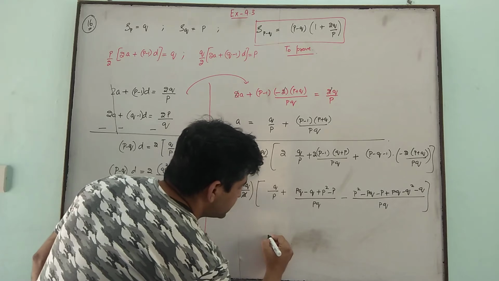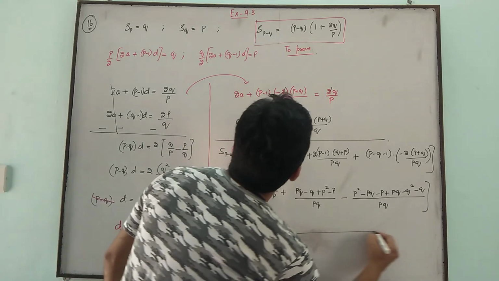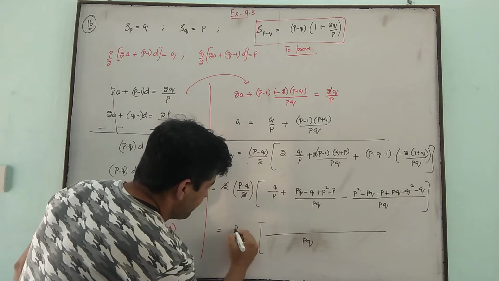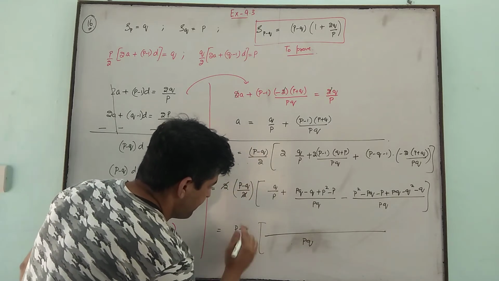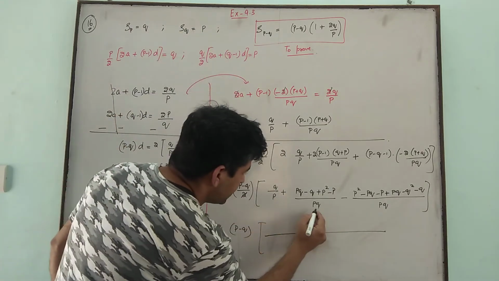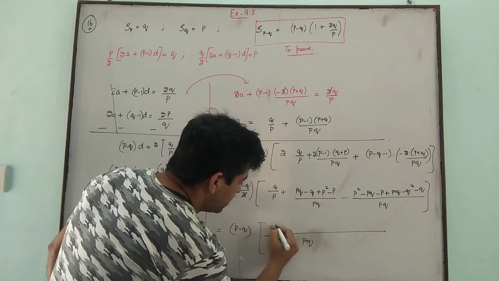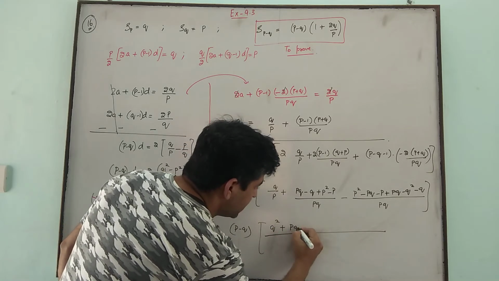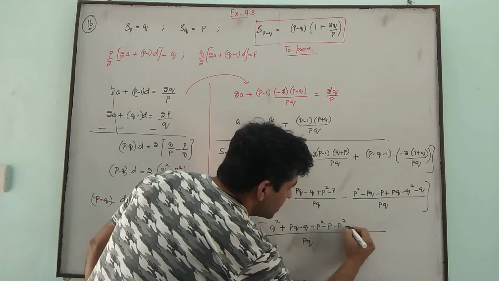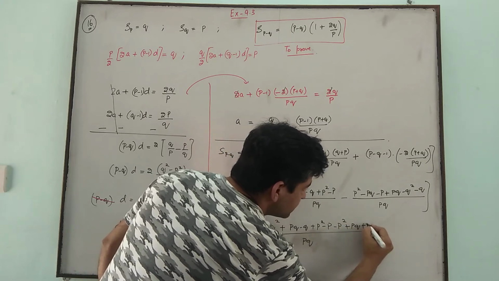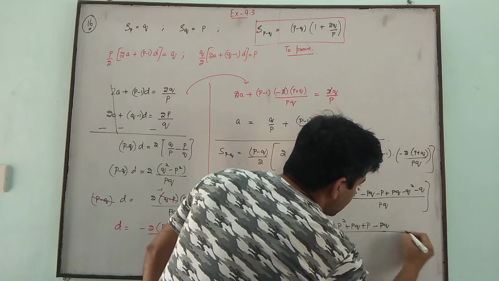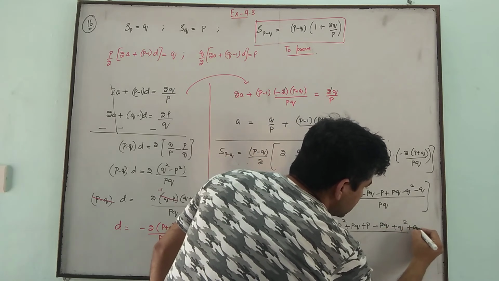If we take the LCM pq, this will be q square, pq minus q plus p square minus p square plus pq plus p minus pq plus q square plus q.